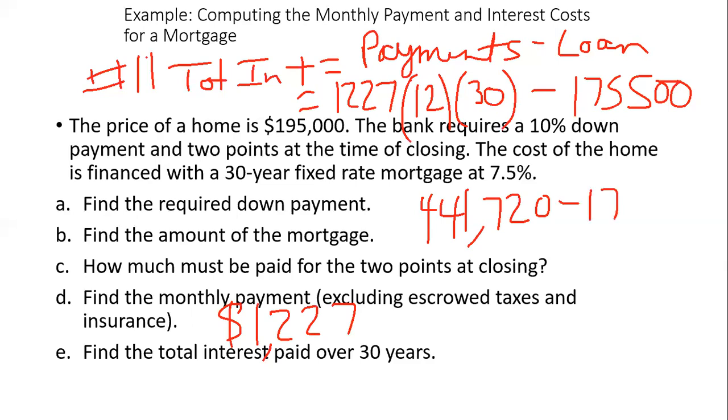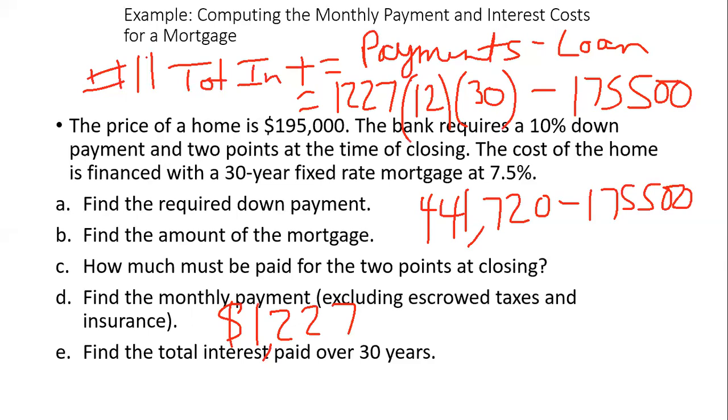That is a lot of money. So that's why you might hear the expression that home is the largest purchase that most people will ever make. Because in the end, for a 30-year loan, you're going to end up paying here about $440,000.